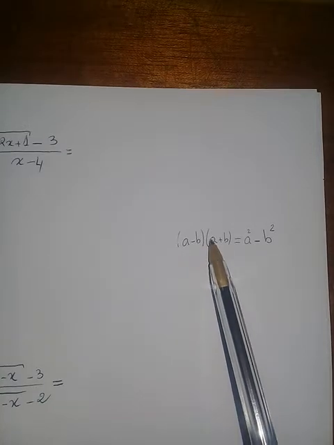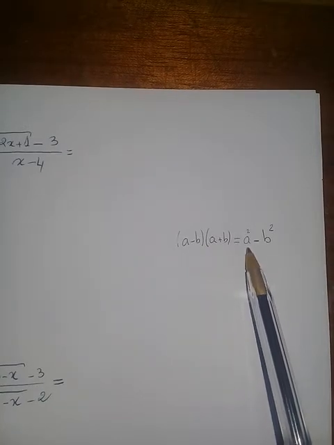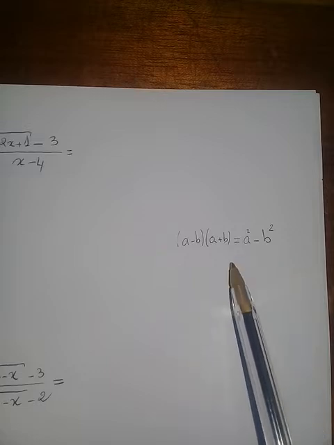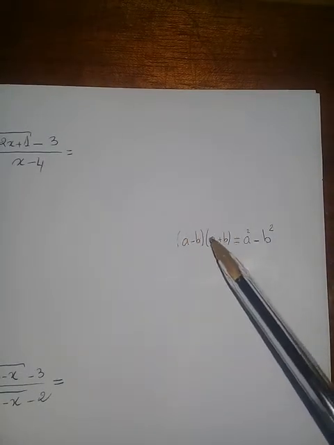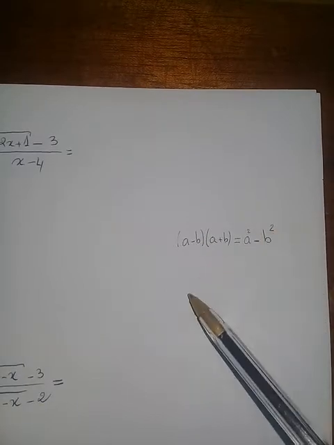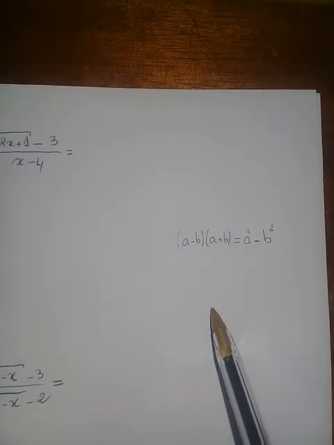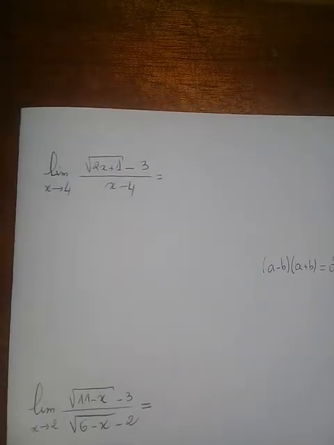So a minus b times a plus b is a squared minus b squared. You can go through the FOIL in here and you're going to get this. We're going to be using this all the time in this method.